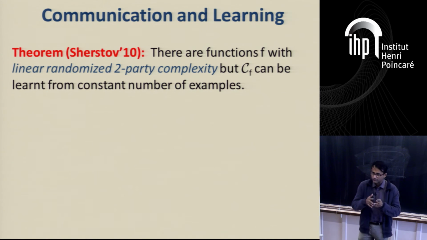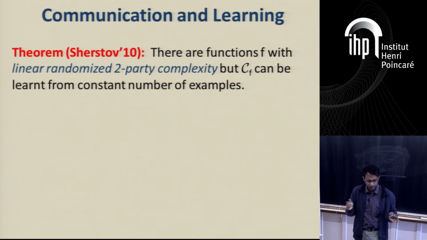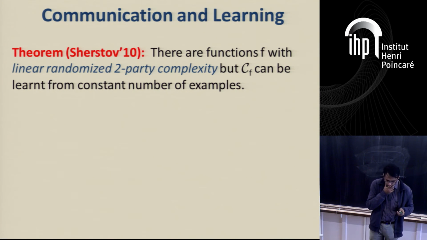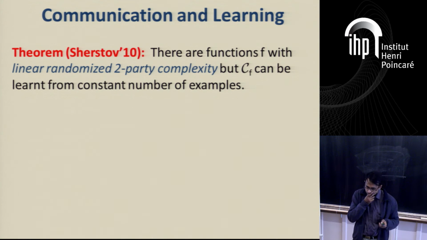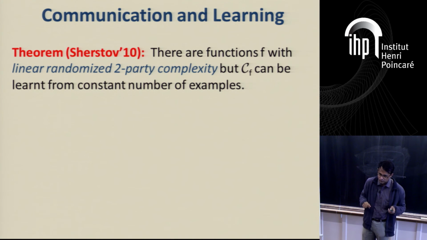So the separation between the learning complexity and the randomized complexity is as high as it can get. What's the connection to the Kremer-Nisan-Ron result where we also have one-way communication? That is one-way communication under product distribution, and that's the connection that he uses as well.